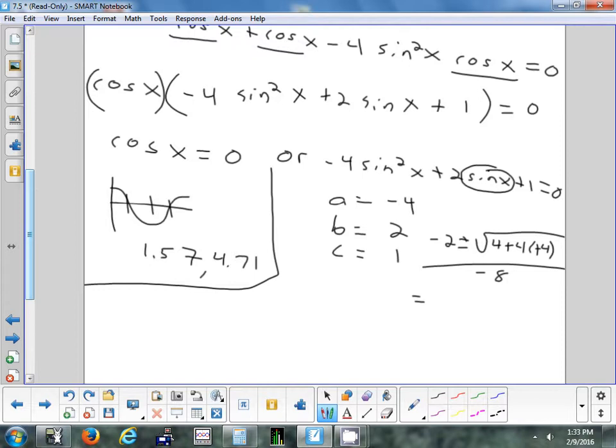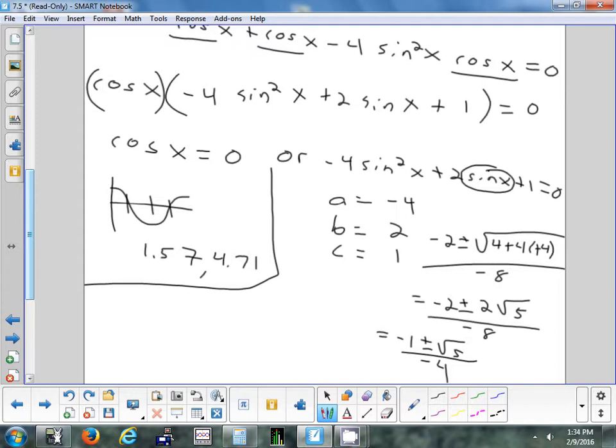What's 4 times positive 4? 16 plus 4? That's the square root of 20, which is 2 root 5. So I added it and reduced it at the same time. That's negative 2. And if I want, I can cancel what from everywhere? A 2. So negative 1 plus or minus root 5 over negative 4.